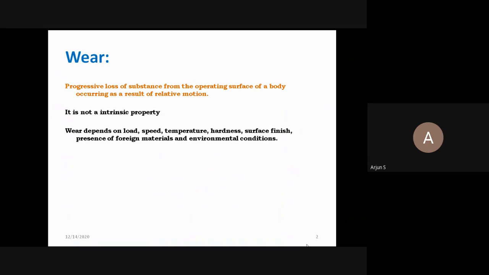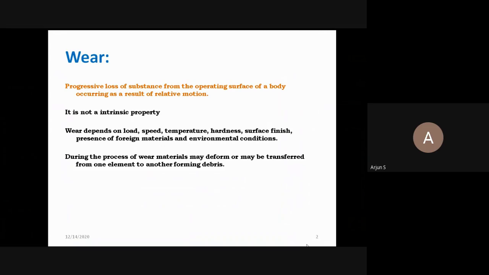This wear depends on load, speed, temperature, hardness, surface finish, and presence of foreign particles. So it again depends on the environmental conditions where the wear process takes place. During the process of wear, the materials may deform or even transfer of material may take place from one element to another.